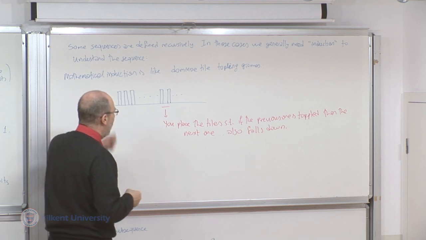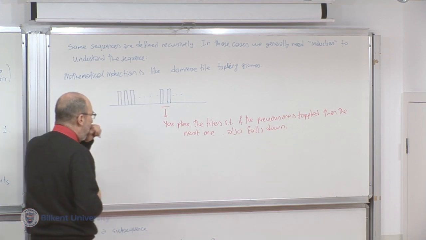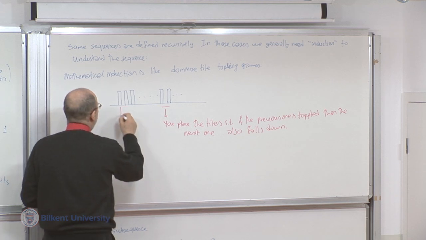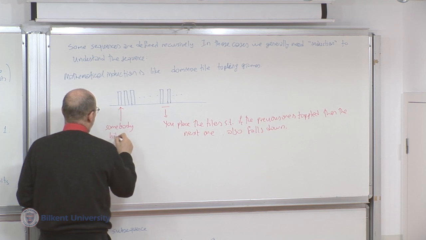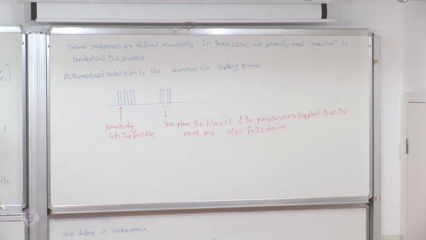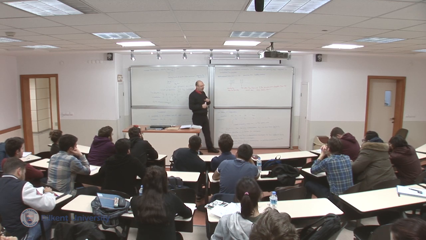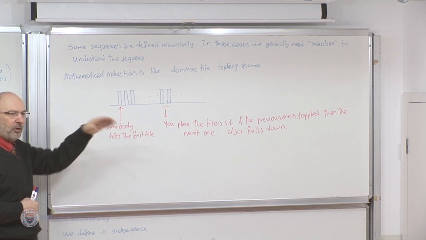In mathematical terms, if our statement is true for n, then it is true for n plus 1. And, of course, the most important thing is somebody hits the first tile. These are the two things that you keep in mind when you are placing these domino tiles. If these two conditions are satisfied, then all of the domino tiles are down.